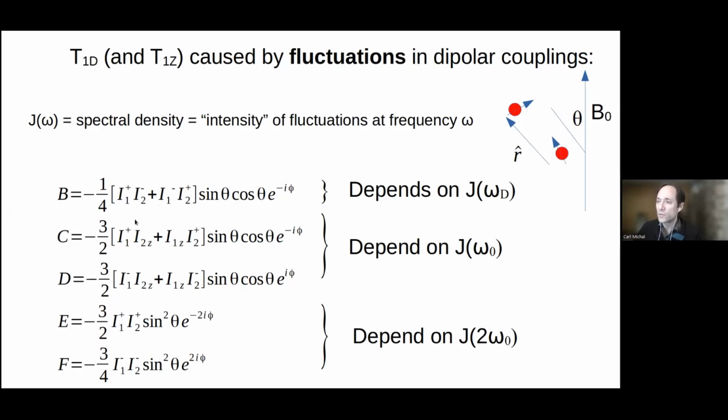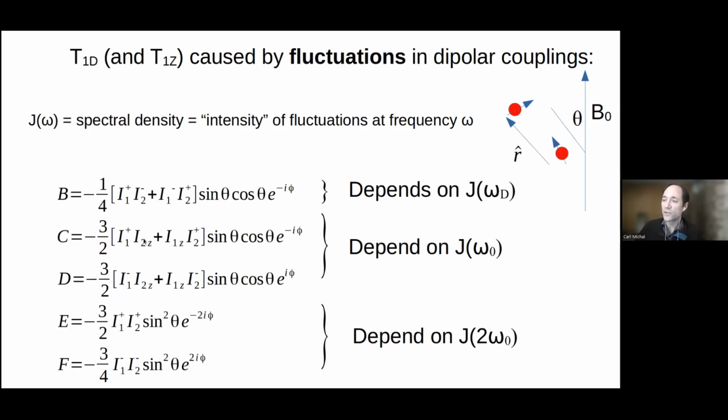These first 2 terms are single spin operators. Sorry, let me say it again. C and D are single spin operators. The B term is the flip-flop term. This B term is responsible for one proton flipping up and another proton flipping down. That term is sensitive to molecular motions on the time scale of the inverse of the dipolar coupling strength.